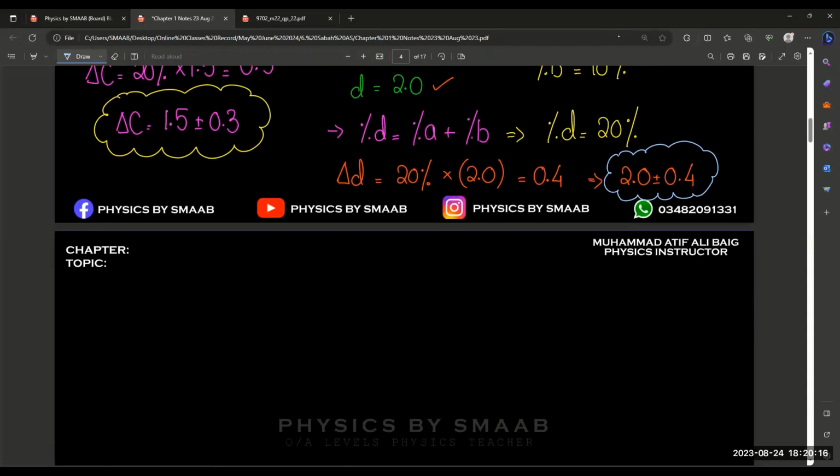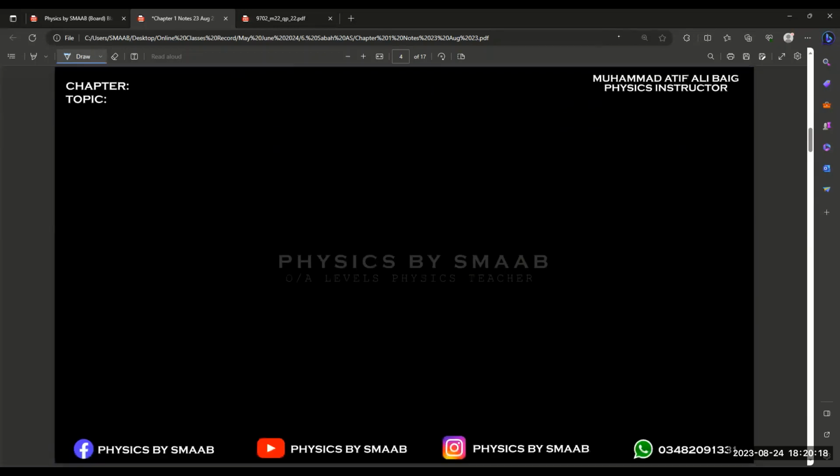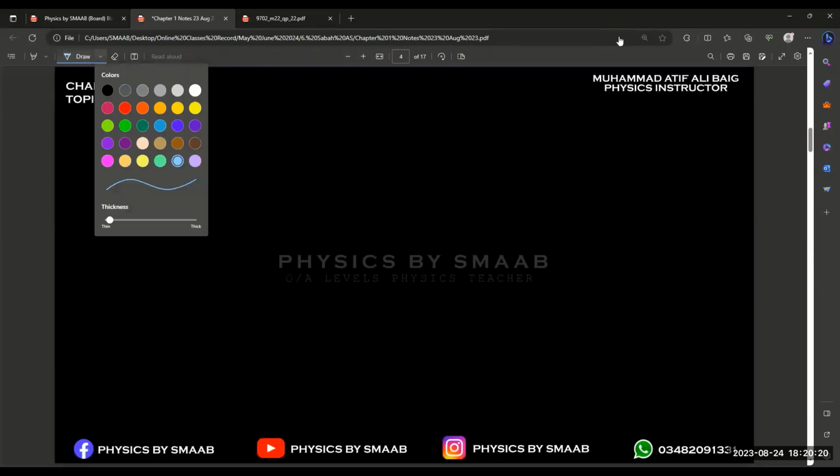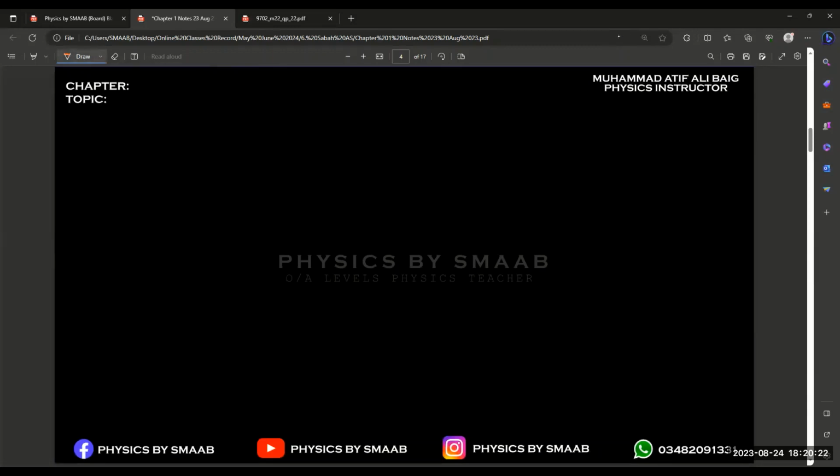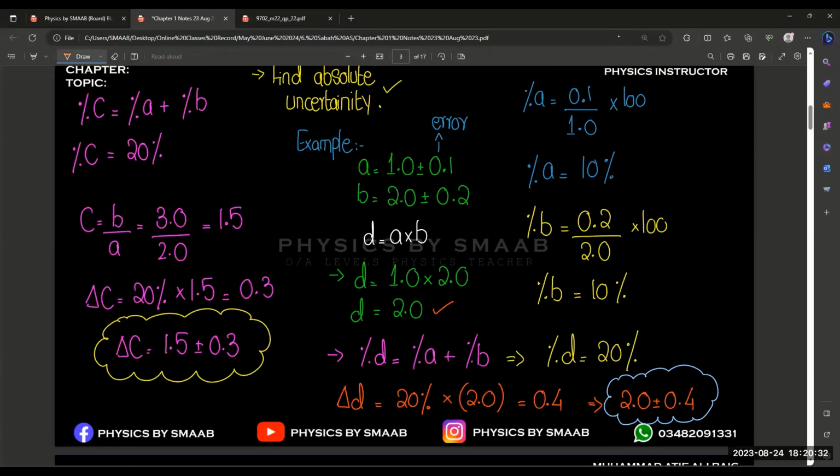Now, one more important thing related to the uncertainties. The first one is, you observe in all the values that we always write 3.0, 2.0. We never write like 0.13 or 2.46, right?